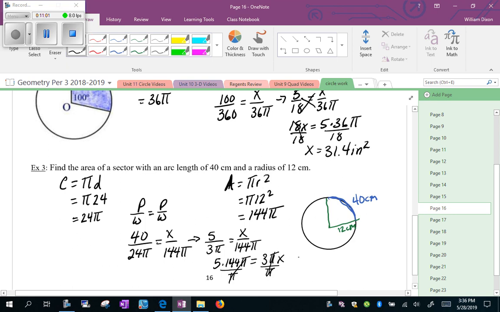I'm going to get 5 times 144 equals 3x. I'm going to divide both sides by 3. That cancels. When I put that in my calculator, I get x equals 240 centimeters squared. All right, let's go to number 4.